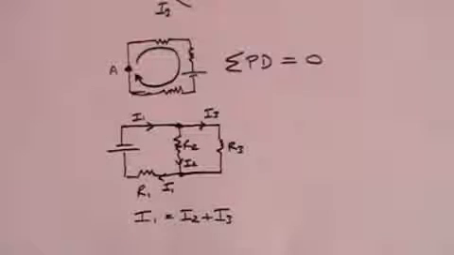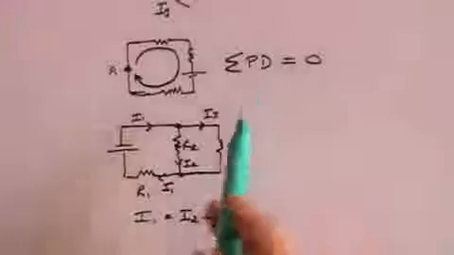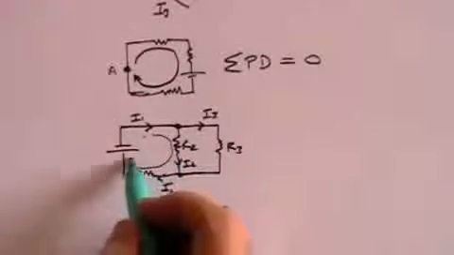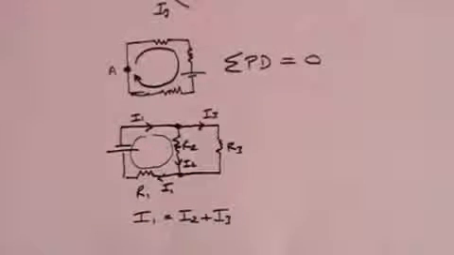You can also say that going round any part of that circuit, whichever way you want to go, as long as you start in one place and end up in the same place, then the potential difference is going to be equal to zero.